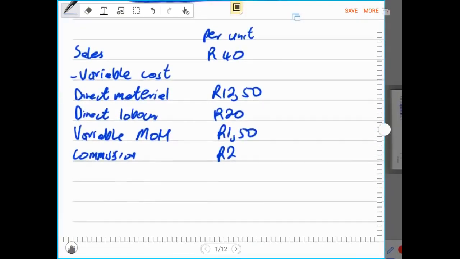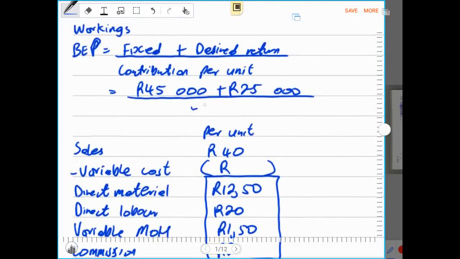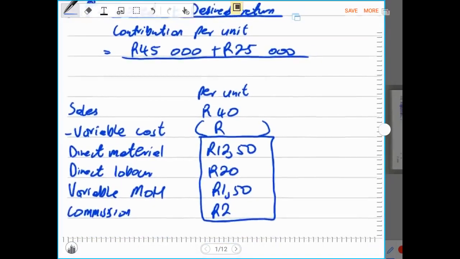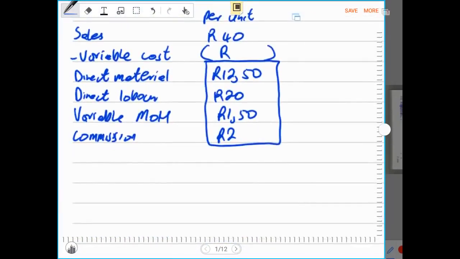In this case, we have taken into account all the variable costs. So selling price minus variable cost will give us contribution, and this is the contribution that we need in order to get the number of units that must be sold for this owner to get the desired return of 25,000 rands.